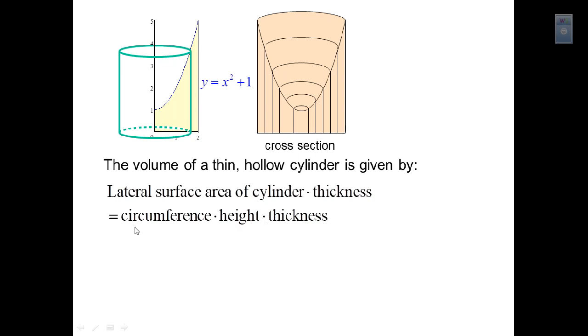Well, the circumference is just 2 pi r or pi d, whichever one you want to use. The height is the function value. Now, if you're starting here at the origin and going out, what's your radius for this circle? Well, it's just your x value.